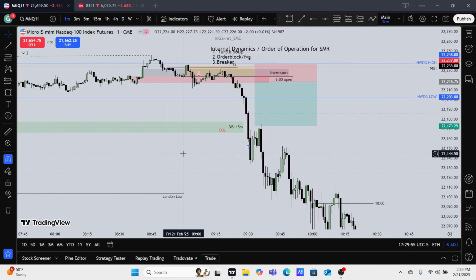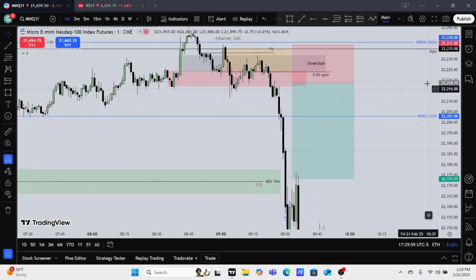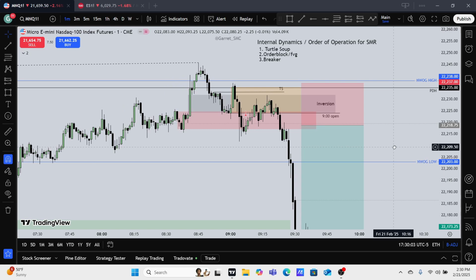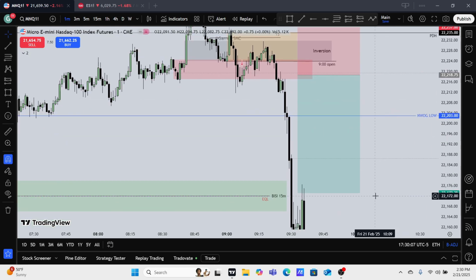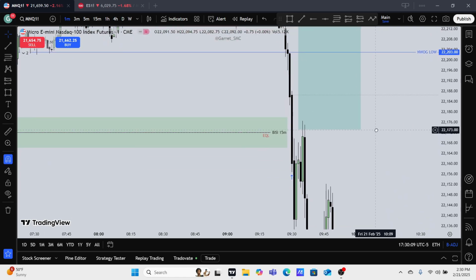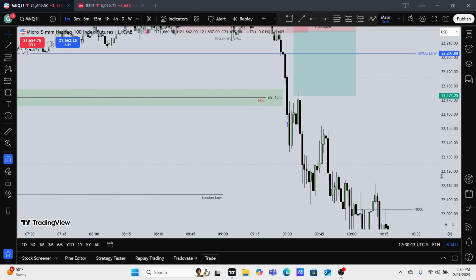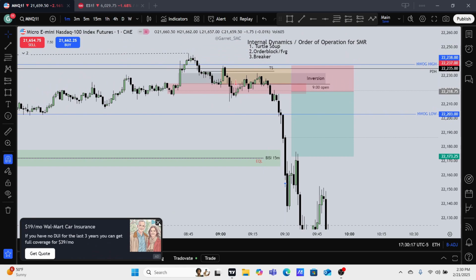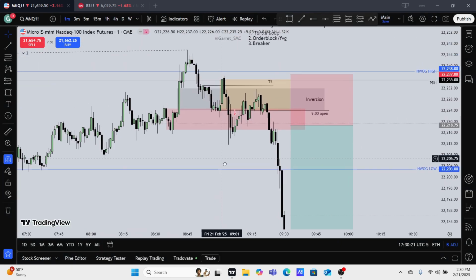Now when I see that, I don't get upset or angry that I missed out or get any FOMO, because I stuck to my model, I stuck to my rules, and I exited when I planned to exit, right? So again, the only critique I would have is I could have maybe held a few runners targeting this London low. But other than that, I think it was a great trade on my part.